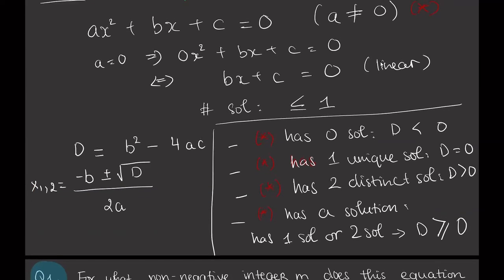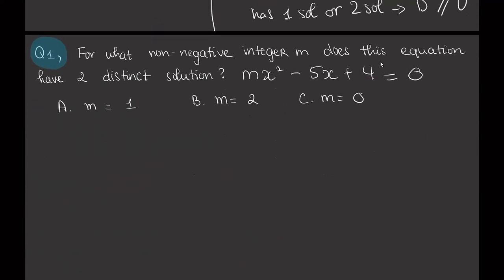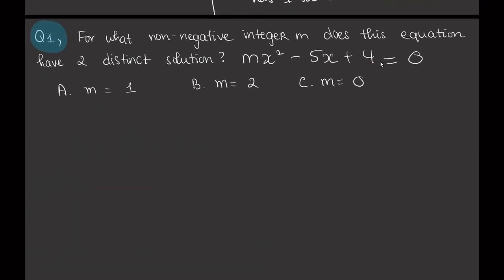Okay, based on what we just discussed, I want you to try the first question. So we have to find non-negative integer m. Non-negative includes 0. Okay, 0 is also non-negative. So m can be 0, 1, 2, 3, dot dot dot, but m can't be all of them, because it affects the number of solutions that this equation might have.